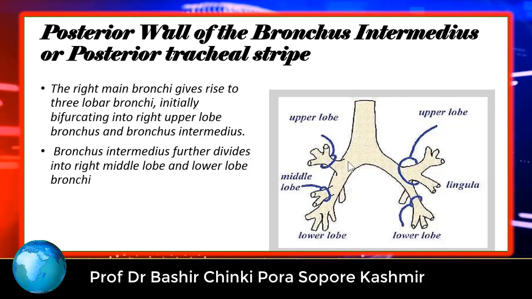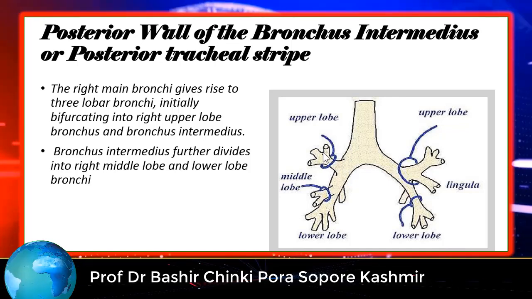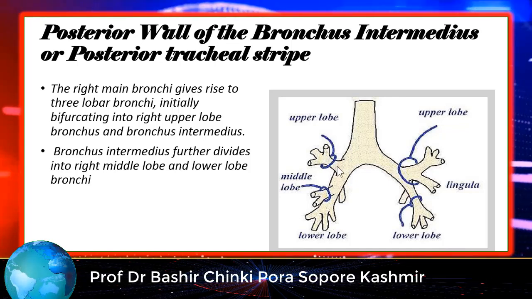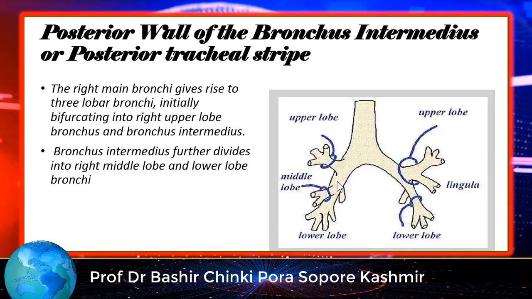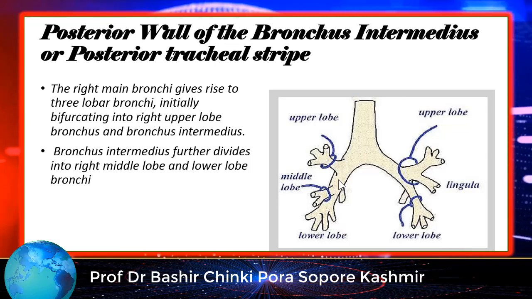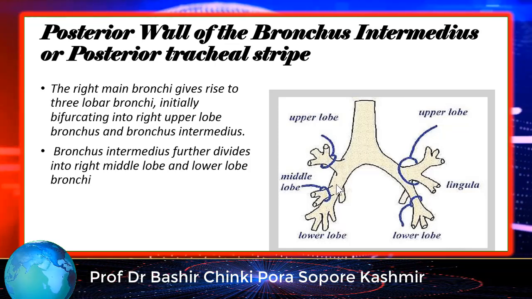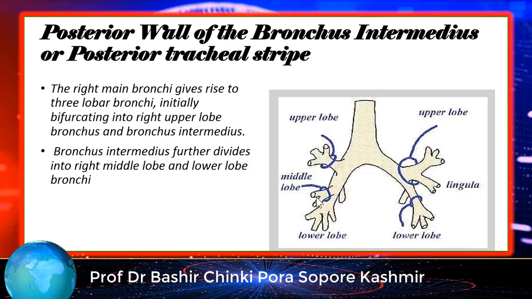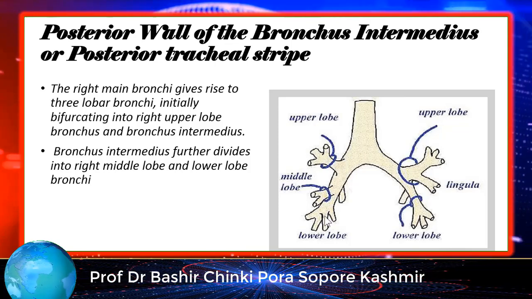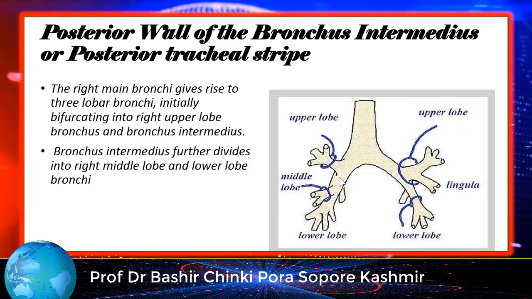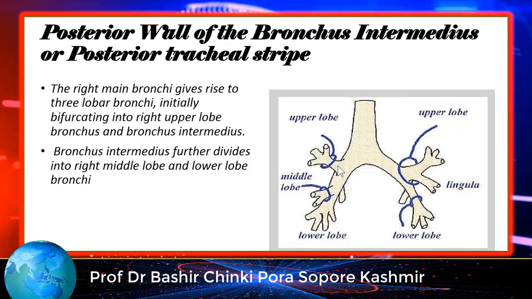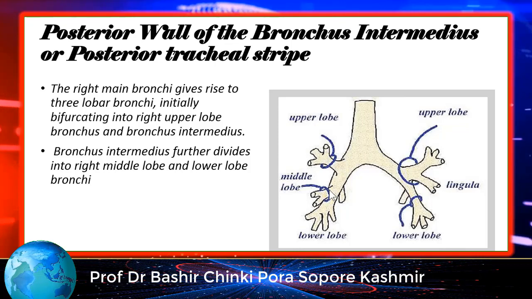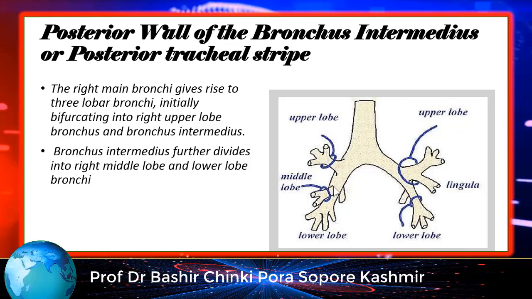The right bronchus divides into the upper lobe bronchus and the bronchus intermedius. This is the bronchus intermedius here, and it then divides into the middle lobe bronchus and lower lobe bronchus.